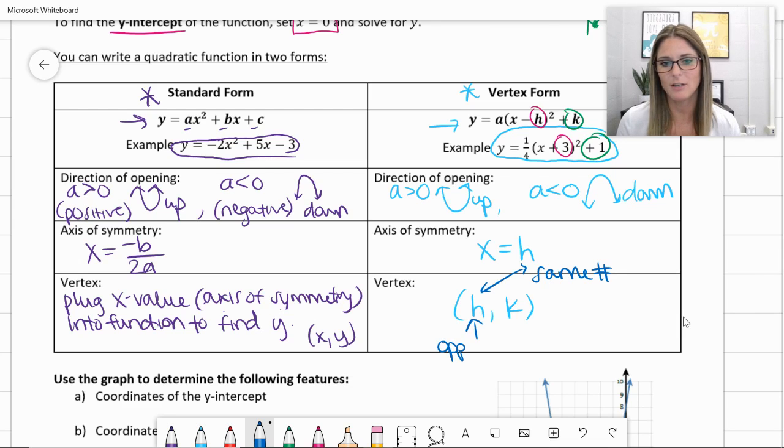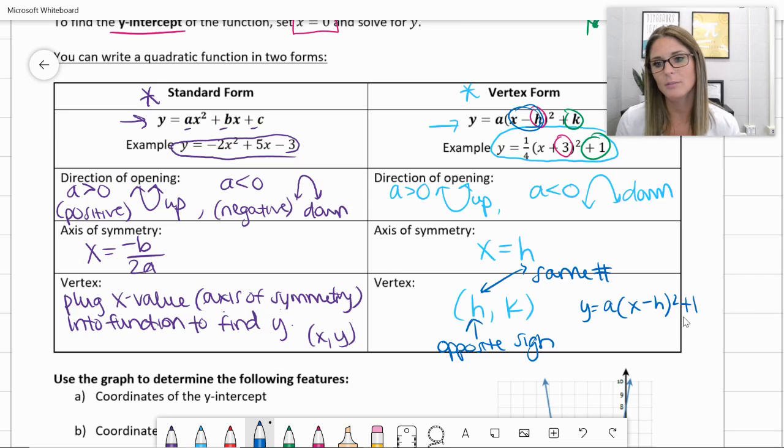This is going to be the opposite sign from your equation, and it comes from the fact that our vertex form is y equals a times x minus h squared plus k. So you want to use opposite sign. On this example where it said positive 3 up here, our vertex would be negative 3, 1.